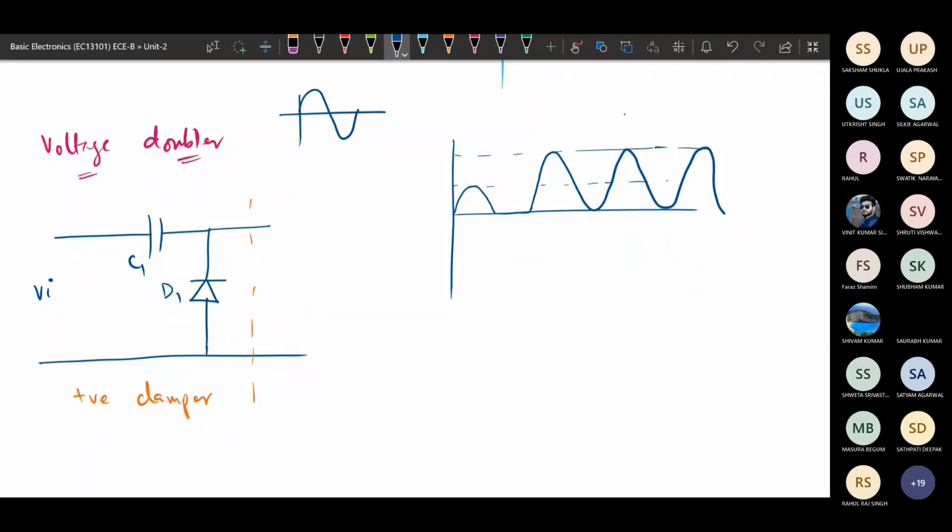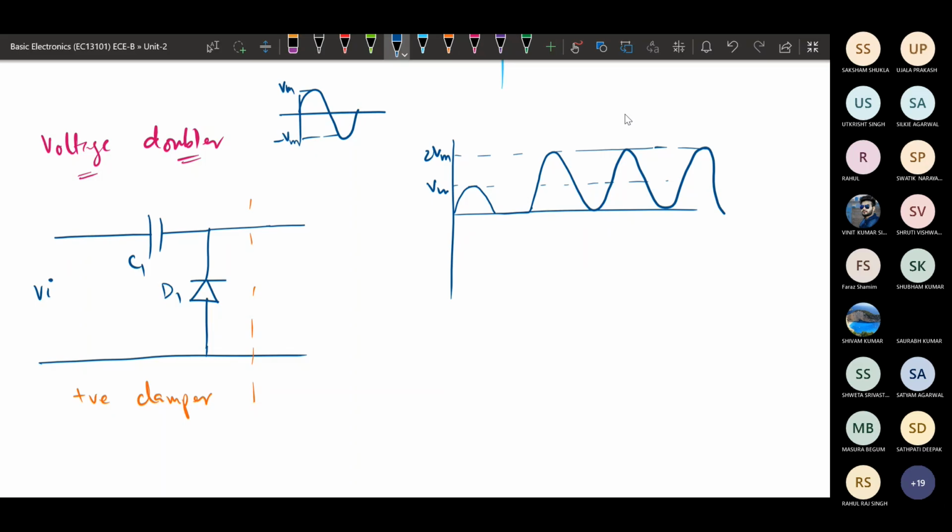Now in the next case, after this positive clamper, we will place a peak detector circuit. Once we want to get an output that is two times the input, so this is 2 Vm and this is Vm. The input has a maximum value Vm and a minimum value of minus Vm.